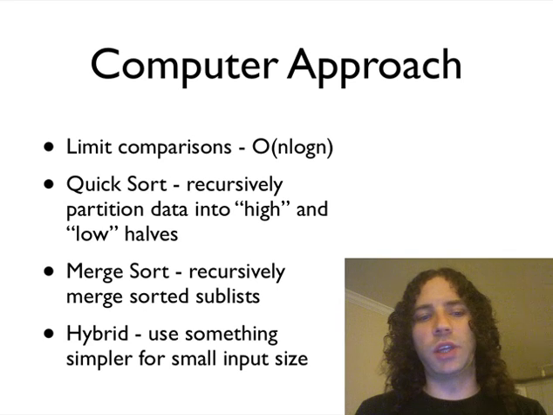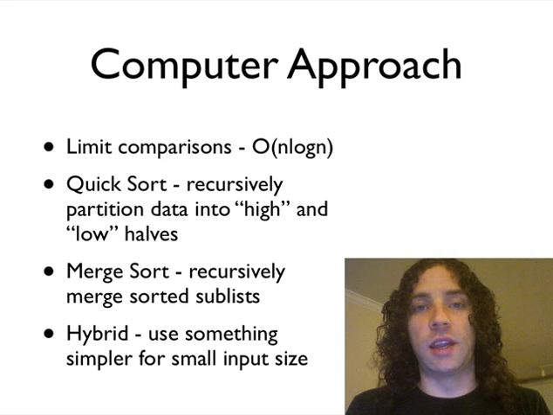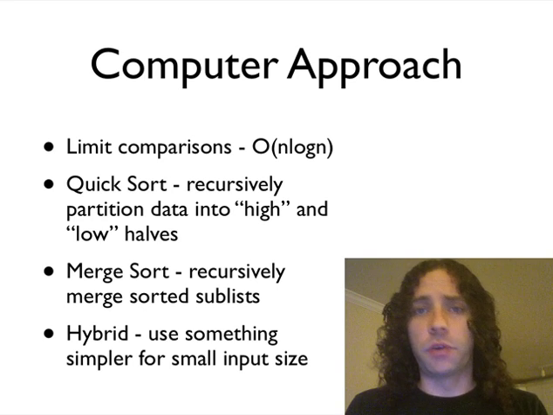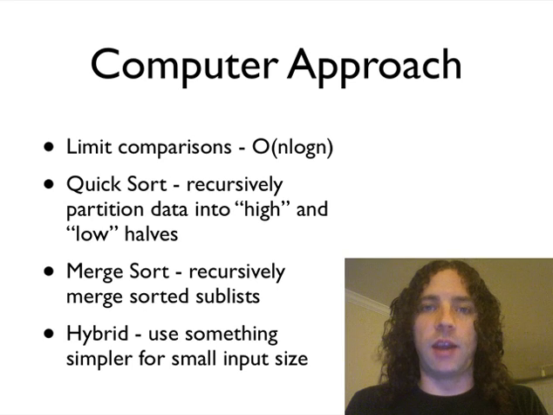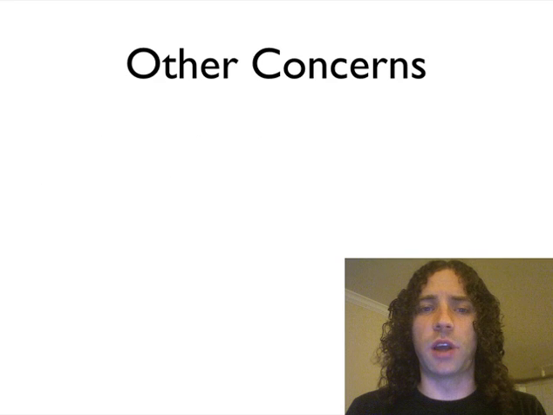So that's why usually what you use these days is a hybrid. I was reading recently that in the next version of Java, their array sort algorithm will actually be a merge sort, which when it gets to a sufficiently small set of data in the merge, will actually use an insertion sort, just like a human does, because it's really fast for really small pieces of data. So this is really common.